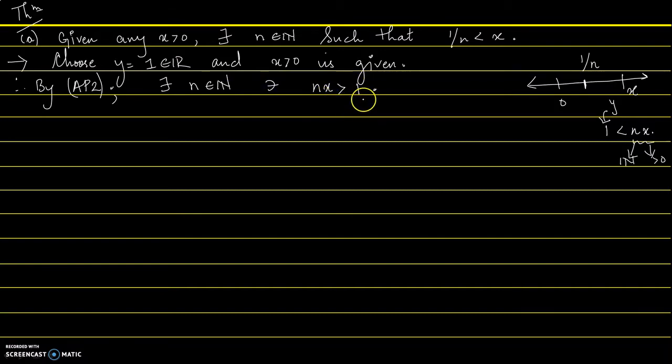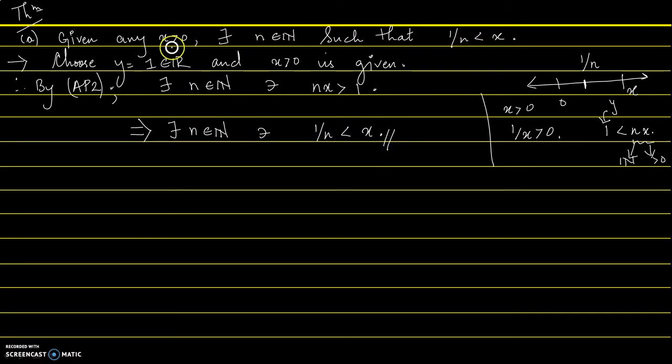That means nx is bigger than 1. Now if I multiply both sides by 1 by x, which is well defined and positive because x is positive, I get that there exists a natural number n such that 1 upon n is strictly less than x, and that is what we wanted to prove.